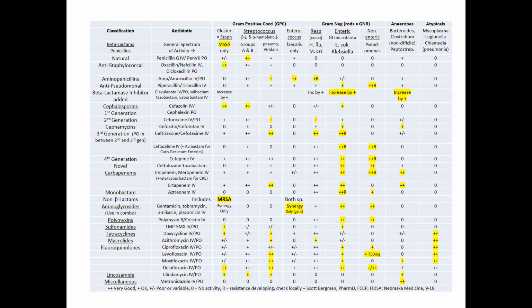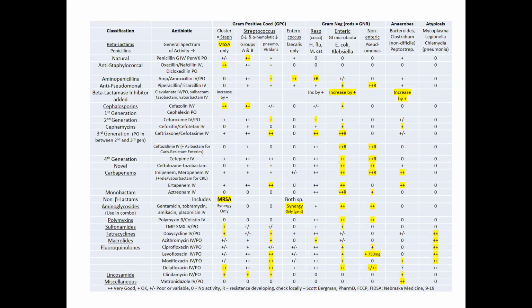In gram-negatives, most of these are rods, but those that tend to cause respiratory infection, like Haemophilus and Moraxella, can appear as cocci or coccobacilli. But the enteric gram-negatives, along with the non-enterics like Pseudomonas, are what I want to focus on for this lecture. Those always appear as rods.